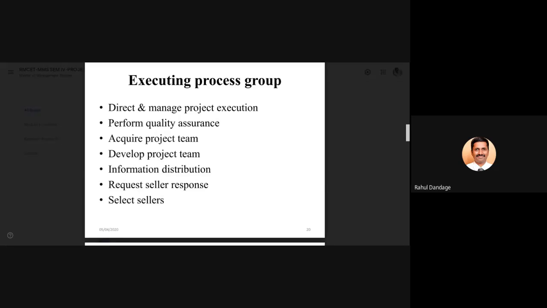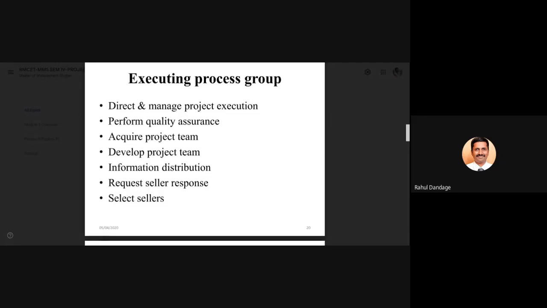The next is about the monitoring and controlling process group. So here also you can see this monitoring and controlling process group is also spread throughout the project life cycle. Almost 95 to 100% we can say this monitoring and controlling process group has the spread on the project life cycle.